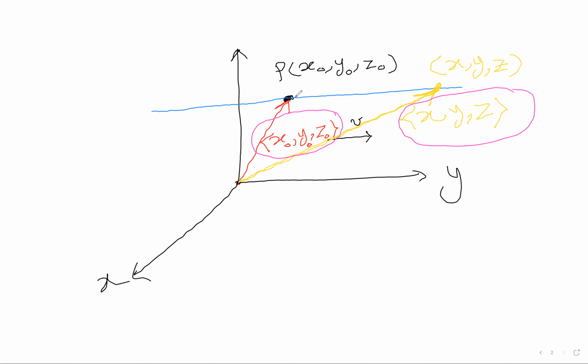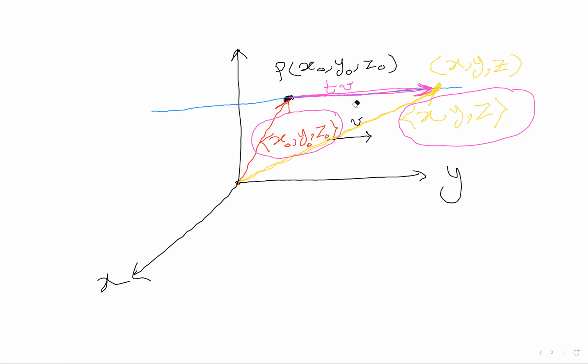So in fact, this vector, which connects the given point to every point on the line, is parallel to v. So it is some multiple of v. So it's some real number t times v. v is the vector that you see here. So t times v is the vector which connects the given vector to any vector whose end point is on the line.